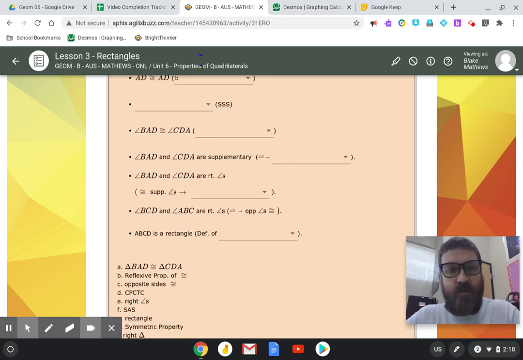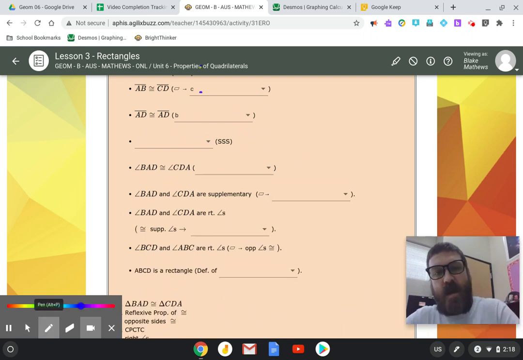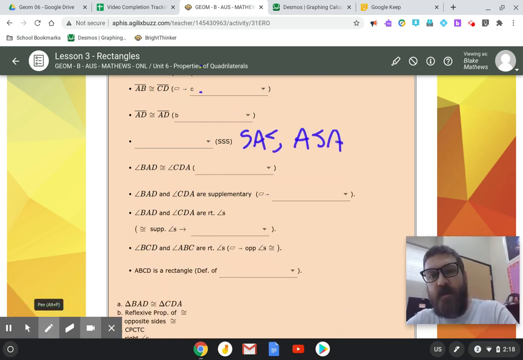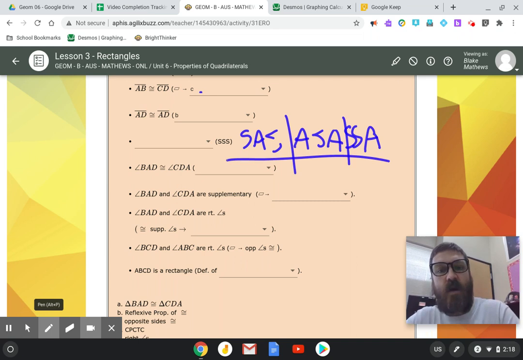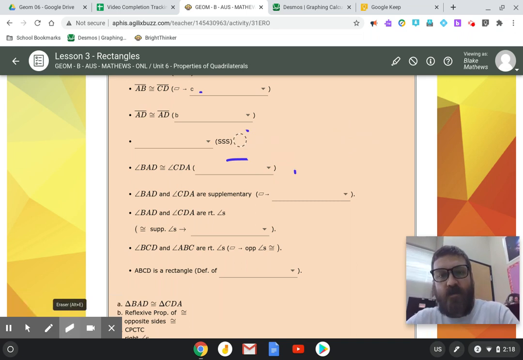Then it says to prove that SSS is the reason. They've given us the reason and not the statement. Well, we already know that anytime we're using SSS, SAS, ASA, and so on, there's a bunch of different combinations. These are all going to be triangle-related statements. SSA is not an option, actually.